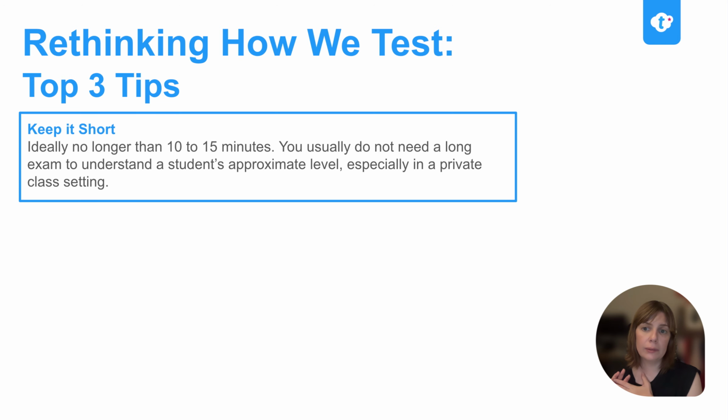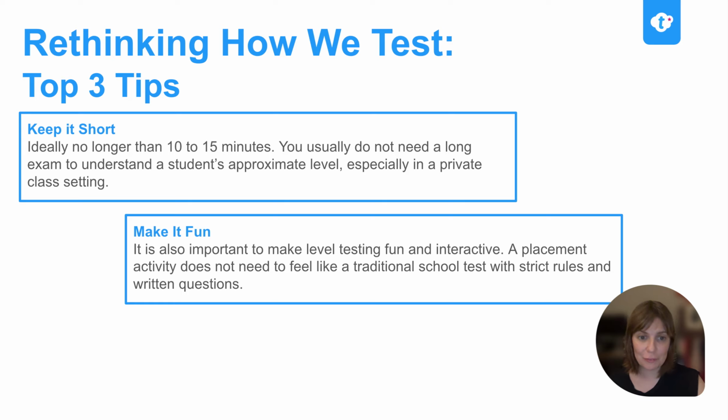This is not IELTS. We don't want to know the minutiae of everything they know and they don't know. We want to gauge their general level, what they're capable of, what they're not capable of. So we want to keep it short, not too long, just to keep it quick and easy and not a negative experience.